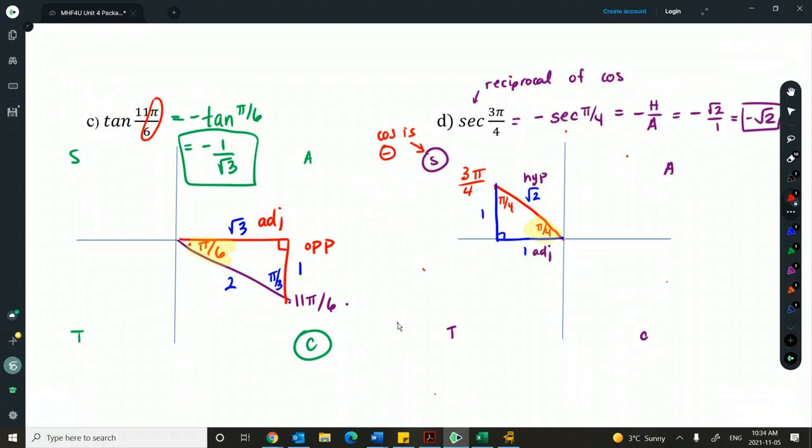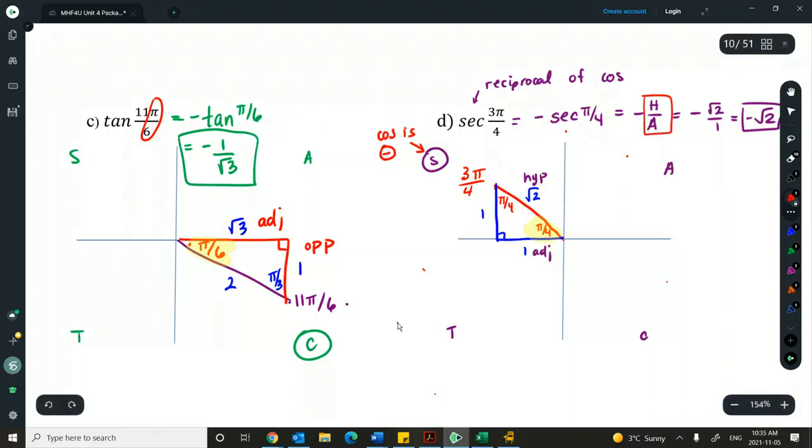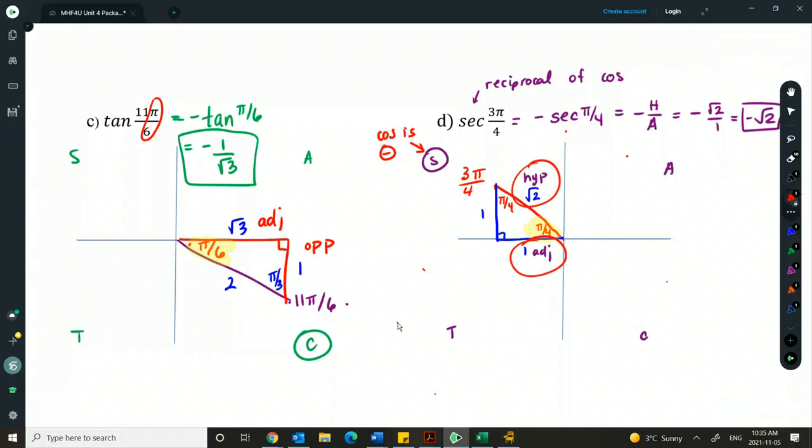Okay? So cosecant, reciprocal of sine, secant, reciprocal of cosine, cotangent, reciprocal of tan. So secant is the reciprocal of cos. I made it negative due to the cast rule. And then because it's the reciprocal of cos, if cos is adjacent over hypotenuse, secant is hypotenuse over adjacent. So here, my hypotenuse and my adjacent were root 2 and 1. And then I simplified to give me negative root 2.